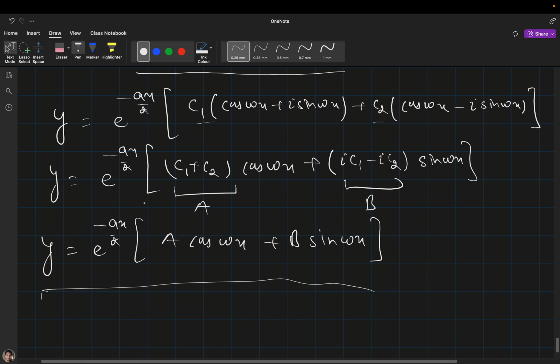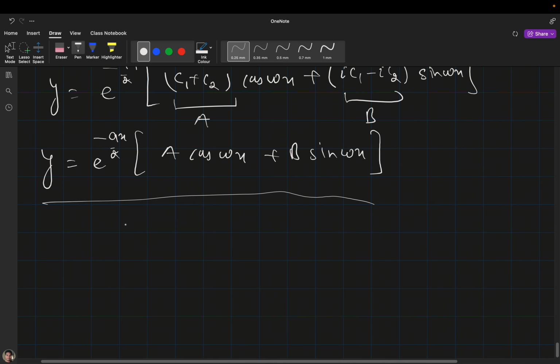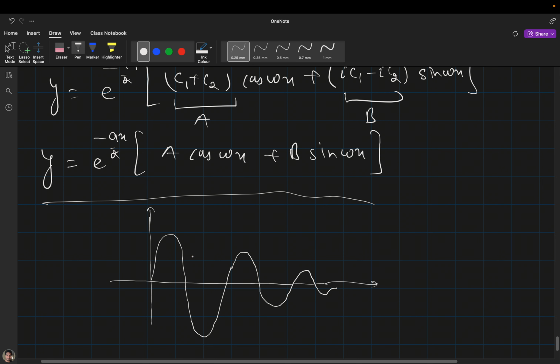Okay, now if you want to draw a graph of this solution, you know what kind of graph you will get? You will get a solution like this. This kind of solution you will get if you draw the graph. And you can see that the amplitude is actually diminishing.